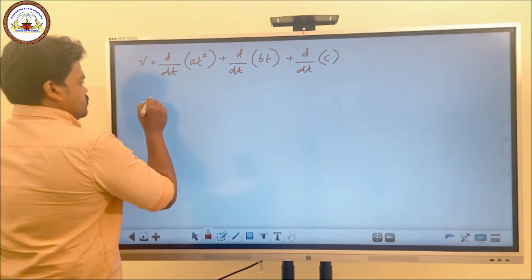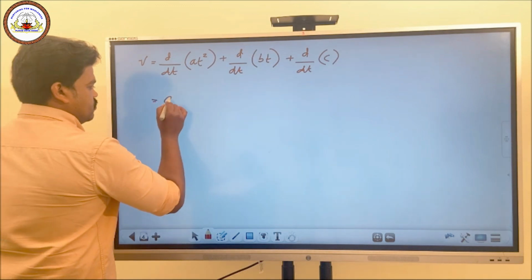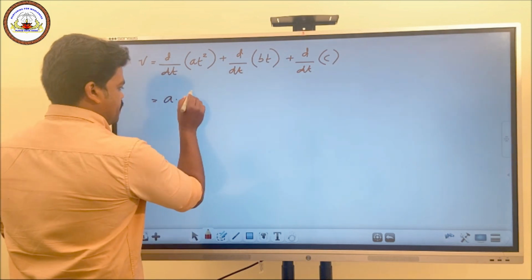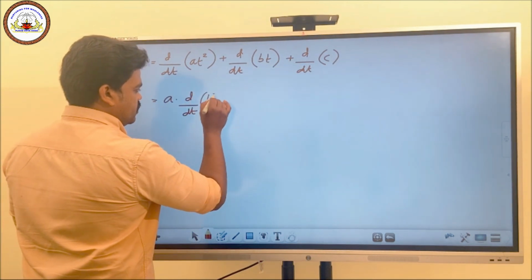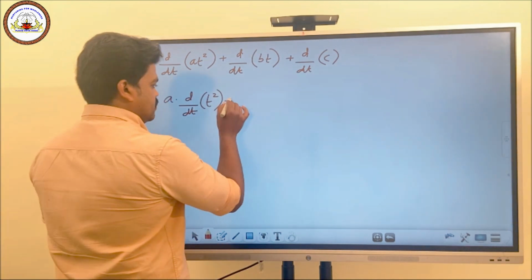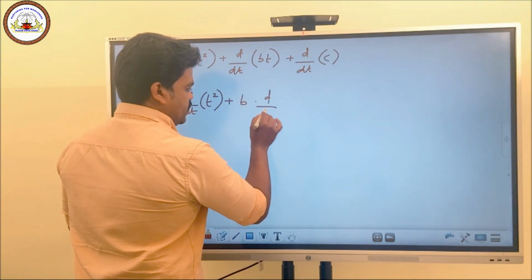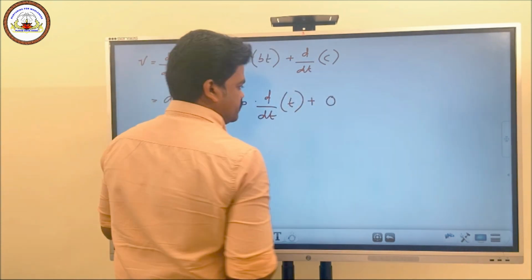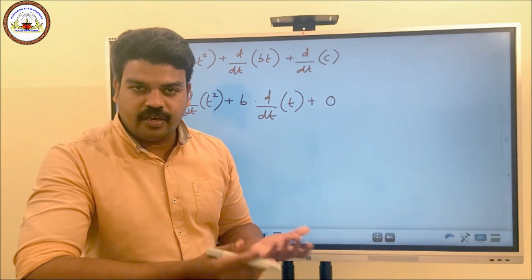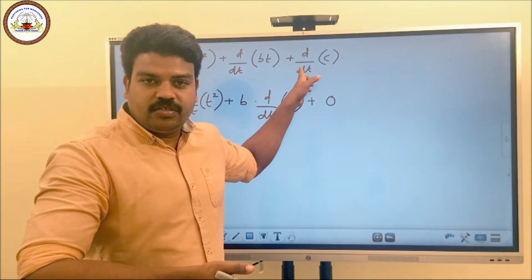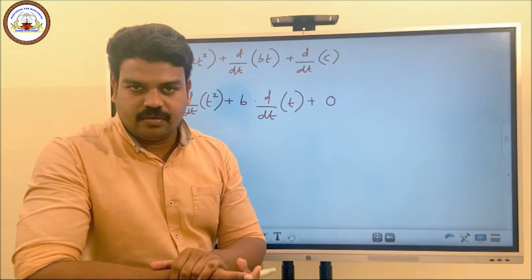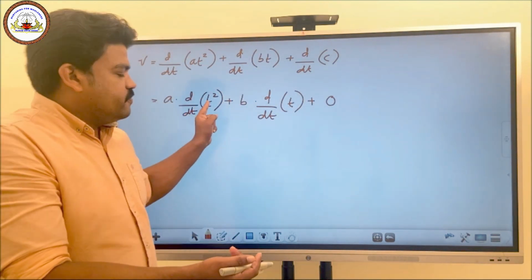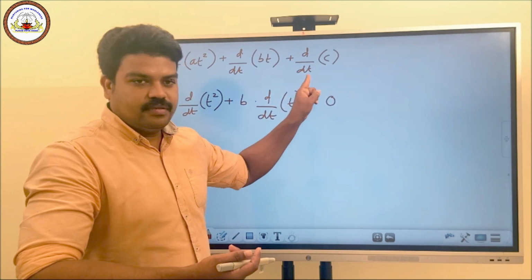So the first step is put a outside the operator, a into d by dt of t square plus b into d by dt of t plus 0. Why? Because the differential of a constant is equal to 0. Another rule: d by dt of a constant is equal to 0.